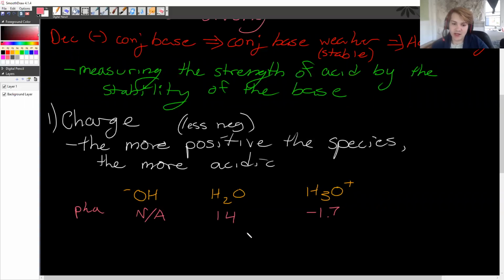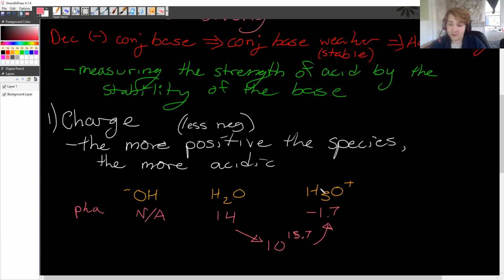But look at that change. This is a difference of 10 to the 15.7, right? Am I crazy? I think that's how math works. So what we're talking about here is a huge, huge change in acidity. We're talking about something that's almost 100 quadrillion times stronger just by adding a positive charge.